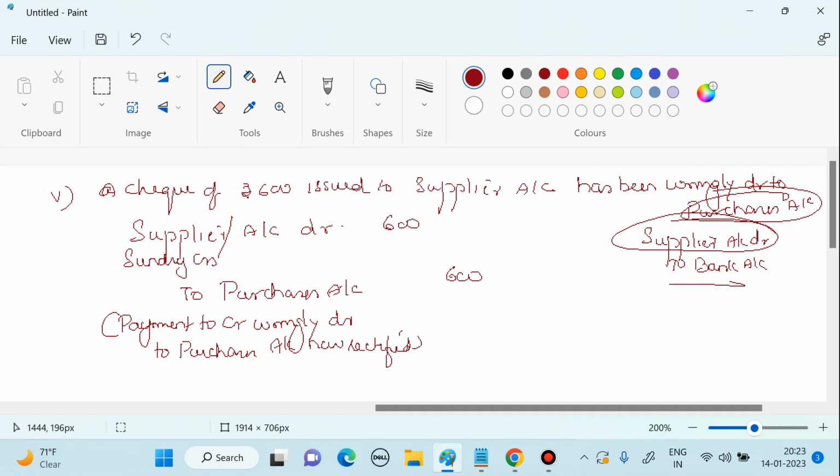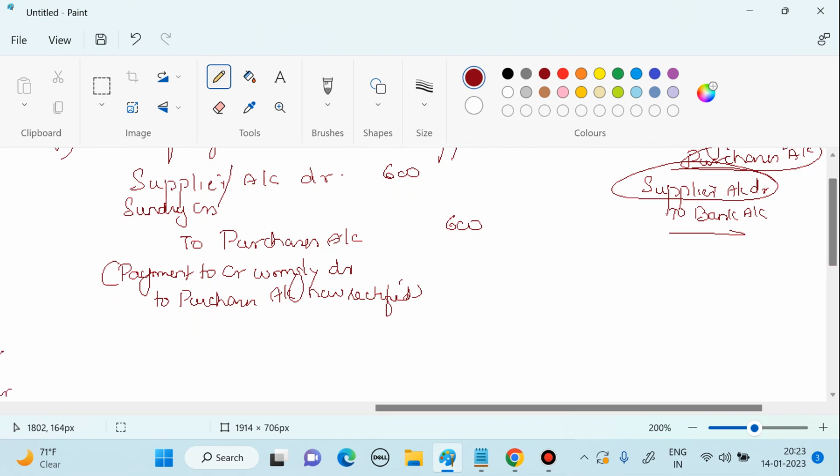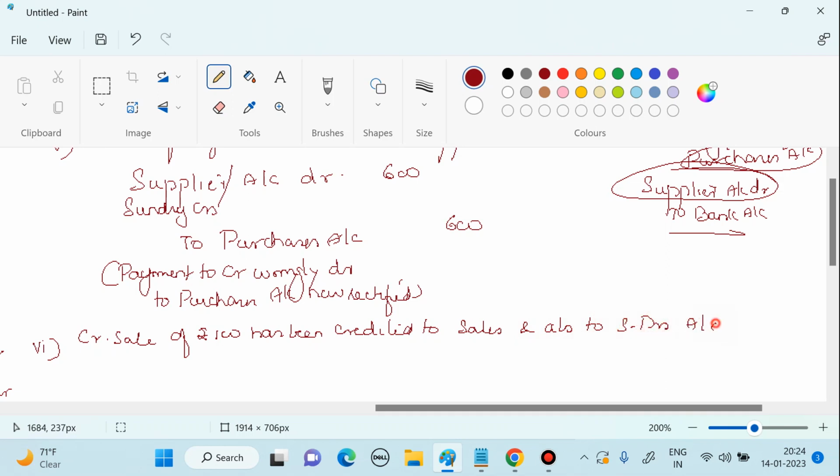Okay, so let's go to the next. Credit sale of rupees 100 has been credited to sales and also to sundry debtors account.